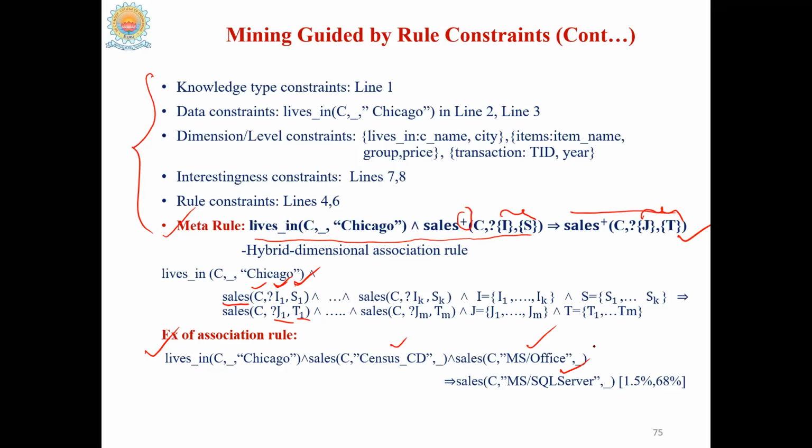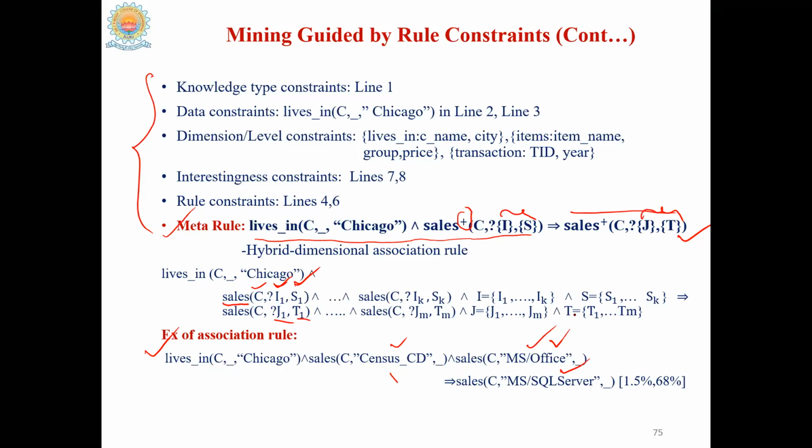Okay. So if you observe here, we are dealing with two items. One item is the census CD and the second item is the MS Office.